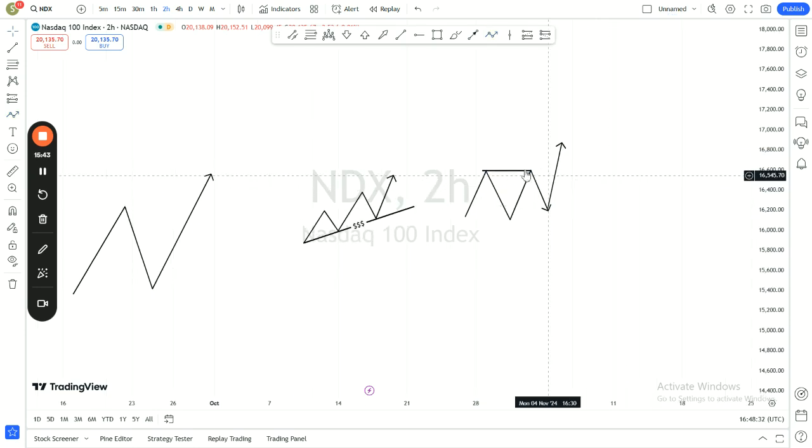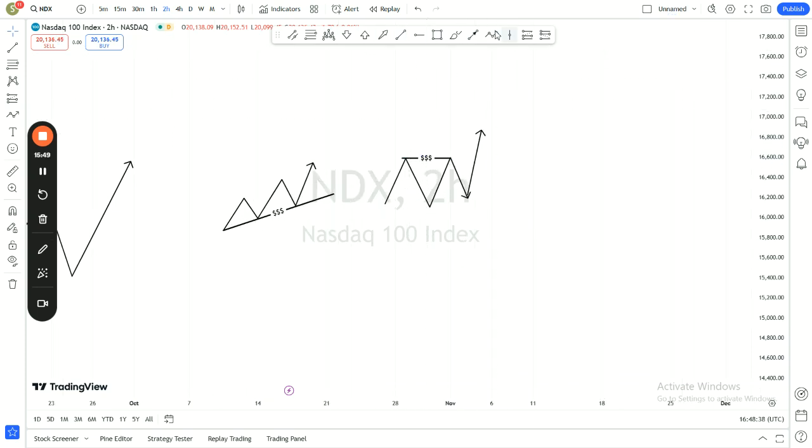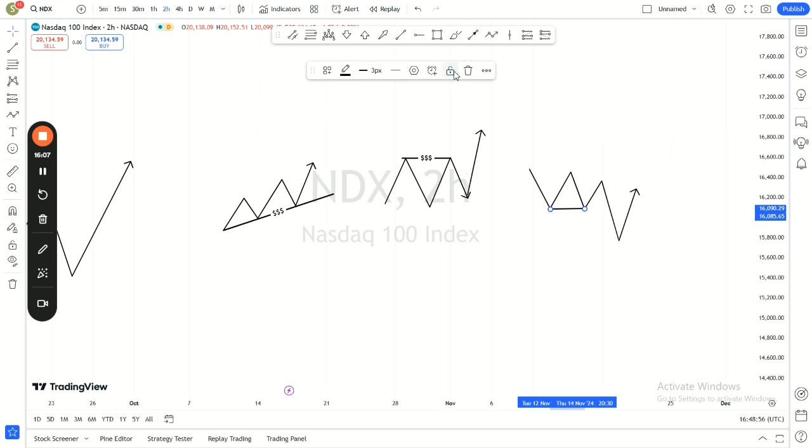We have a double top liquidity just like this, and we have a double bottom liquidity. See market creating something like this. And this is the double bottom liquidity.